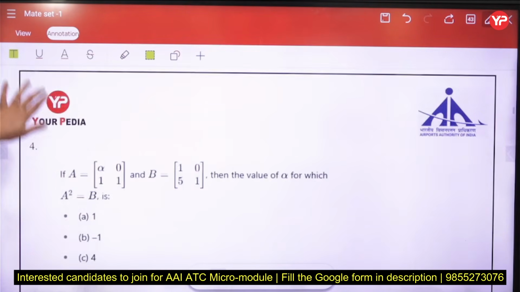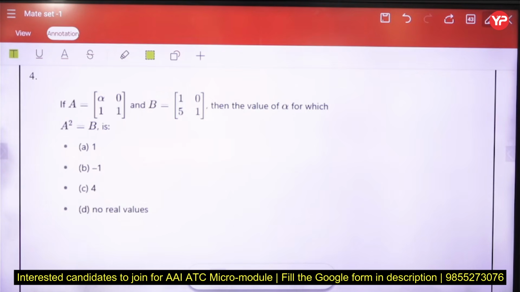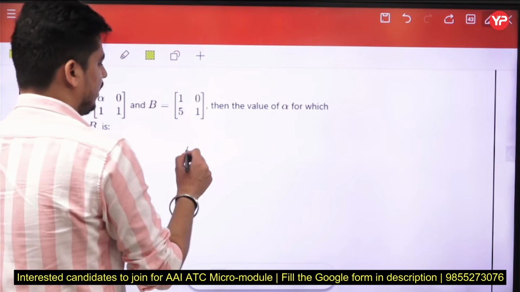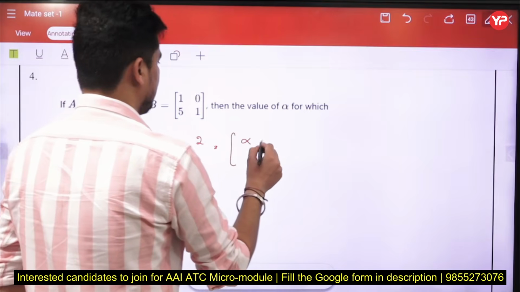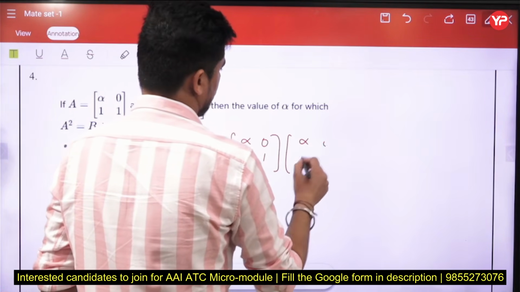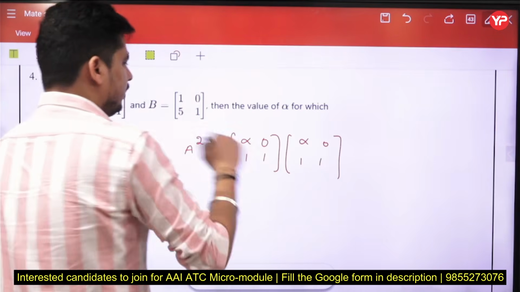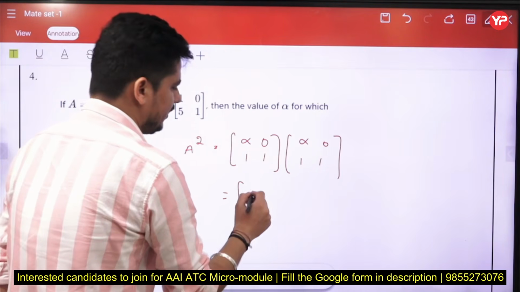Next, here this is A, this is B, and we need the value of alpha for which A square is equal to B. First we have to calculate A square, right? A square means you have to multiply the matrix alpha 0 1 1 with the same matrix alpha 0 1 1. When you multiply, the first element is alpha times alpha, that becomes alpha square.